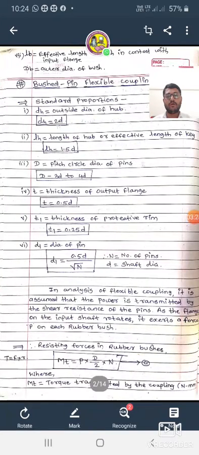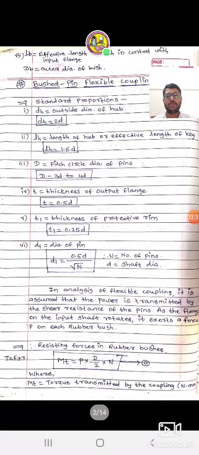The next important topic is the resisting forces in the rubber bushes. We know that torque is equal to force into radius.